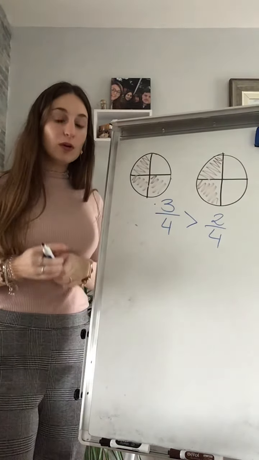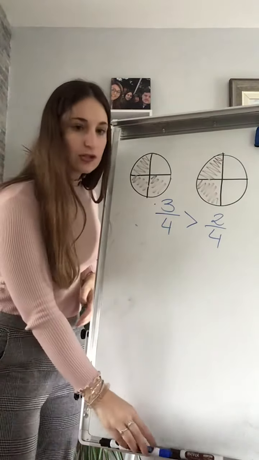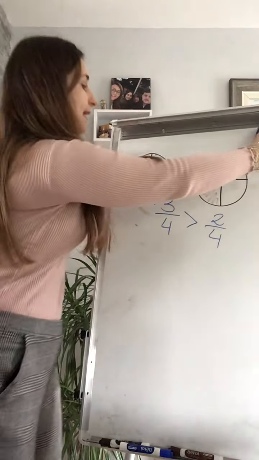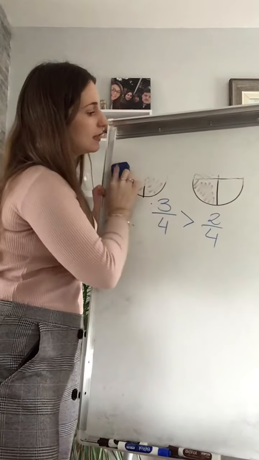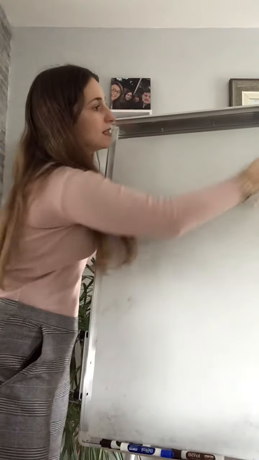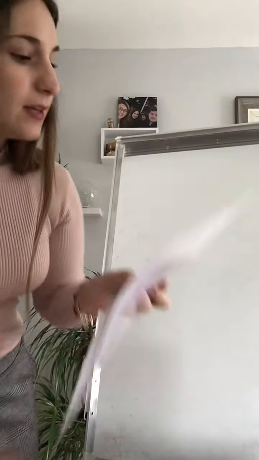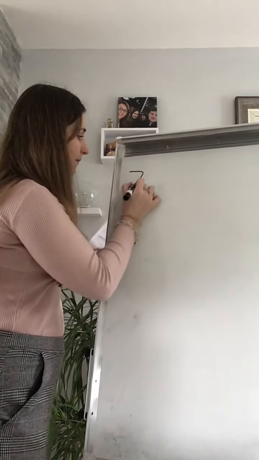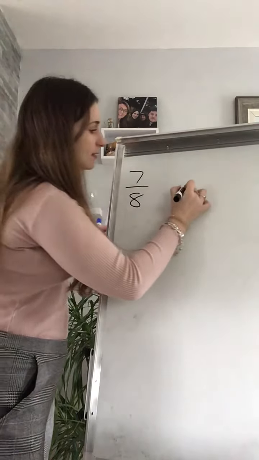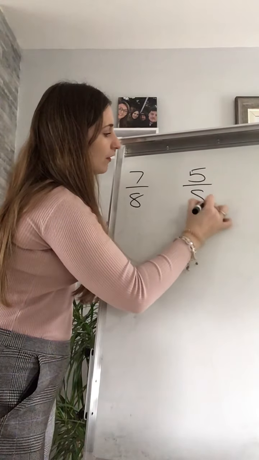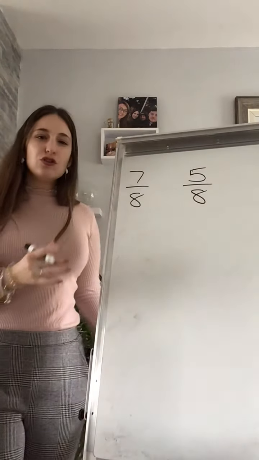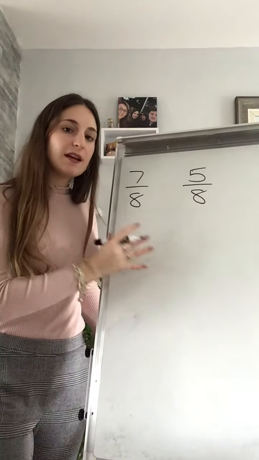That is what we are going to be looking at today. So first of all, please get a pencil, and let's try to compare these fractions and see how we are doing and if you remember it. My first one is going to be, get ready, 7/8 and 5/8. Can you try to see which one is greater or smaller?